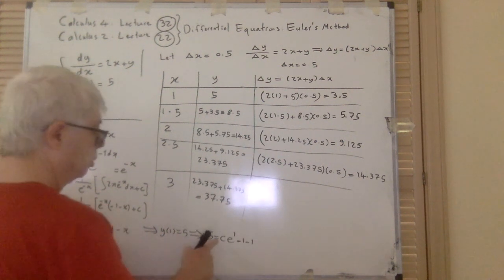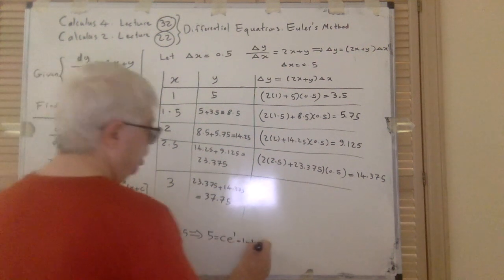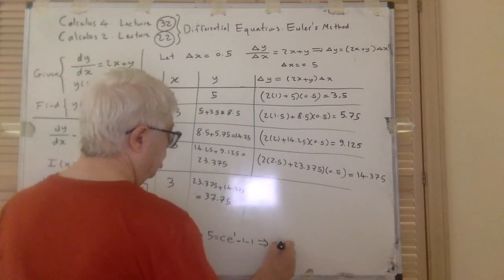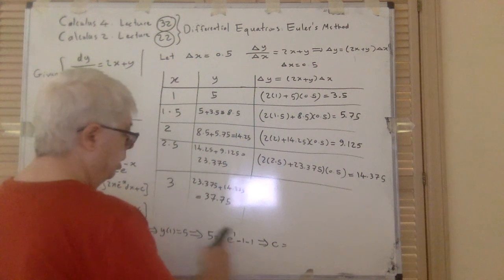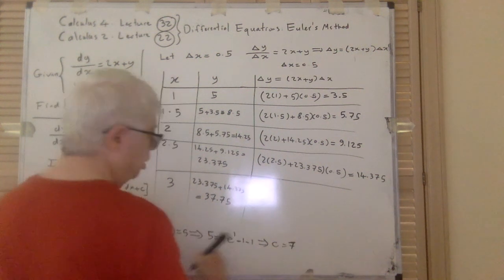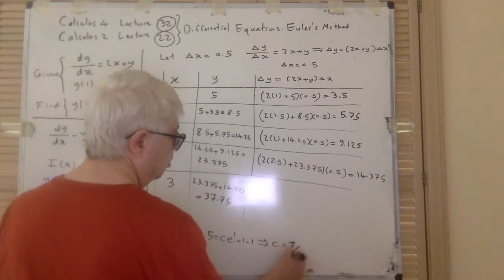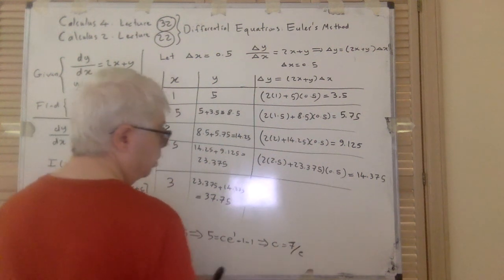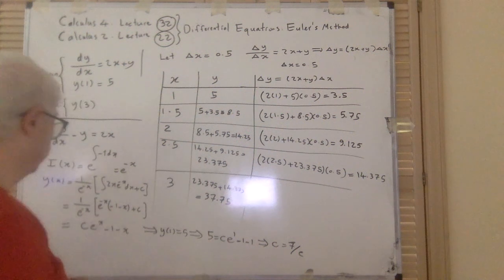Okay, so c will be 7 divided by e, right? 7 divided by e.